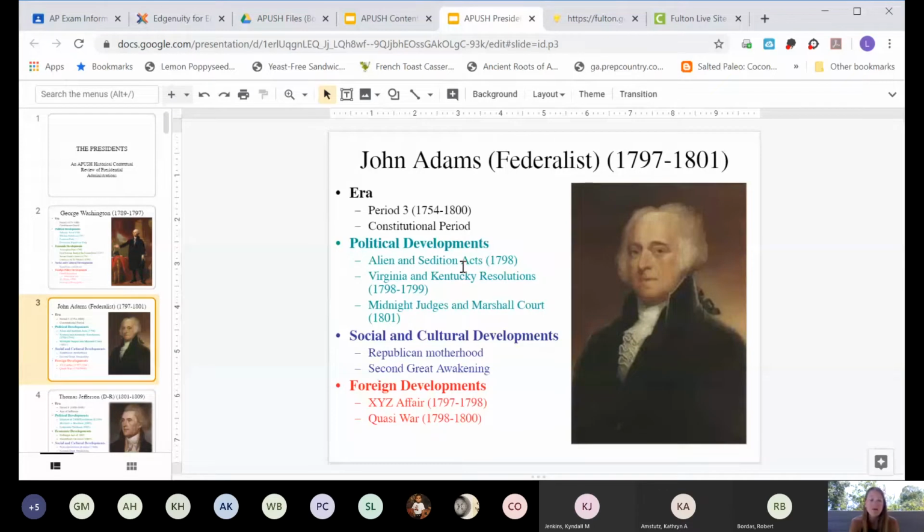And so, we have states, the Virginia and Kentucky resolutions. There's attempts to nullify and say, if we don't believe that that law is just, we're not going to follow it. And so Adams' administration is just full of problems. And it just eats away at him. And when it comes time for the Revolution of 1800, which is what we call that election because we have to switch parties, he comes in third place.